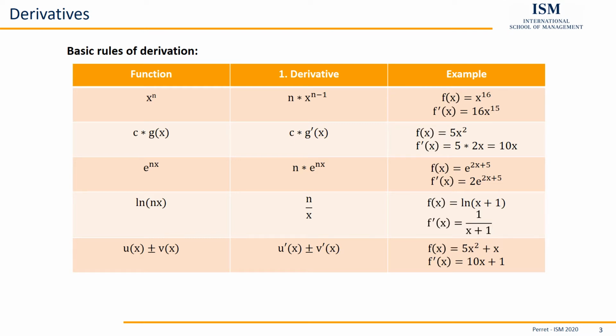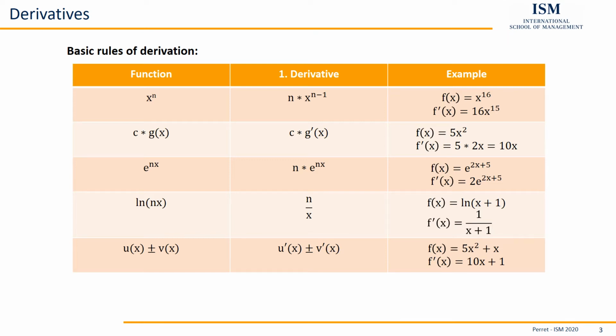So here in the example, if I have e to the power of 2x plus 5, the plus 5 doesn't matter really, I only get the 2 in front of the x, which I write in front of the exponential function.